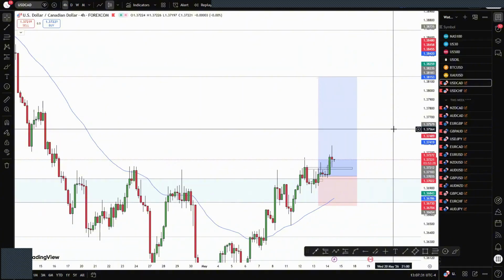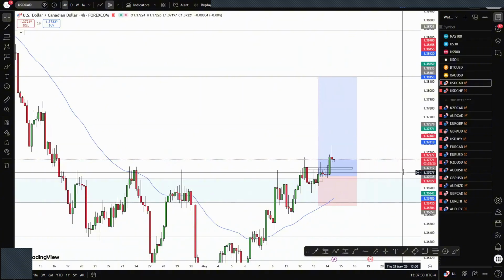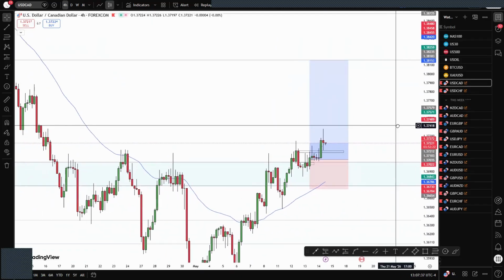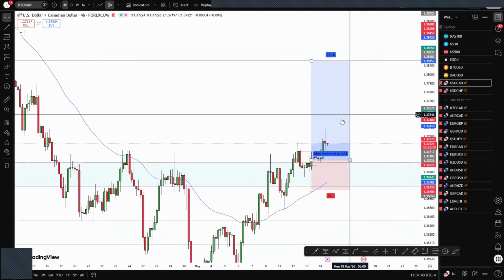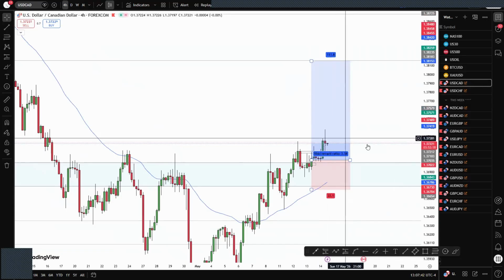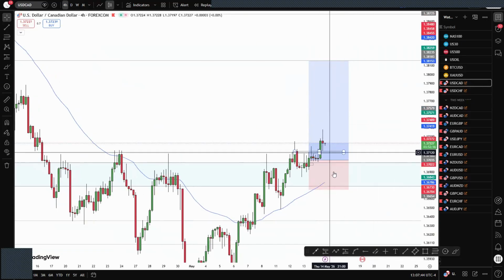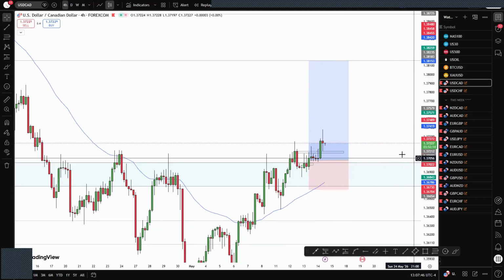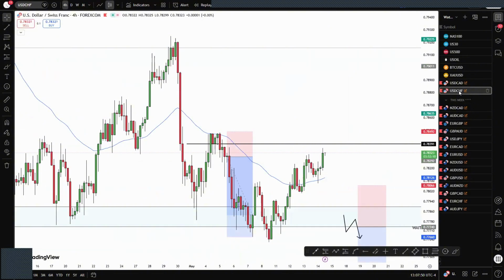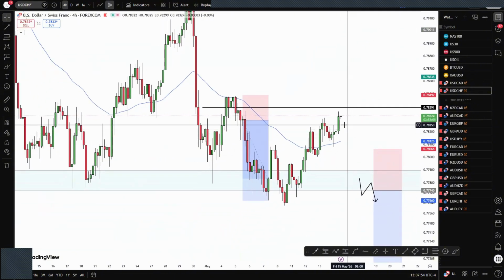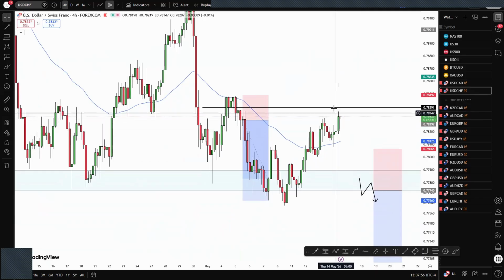So this is the trade we have right now, and as for now, it's going okay. This was supposed to be a bullish candle, but price rejected. That's fine. And on USD CHF, I can clearly see that price had a strong push to the upside.